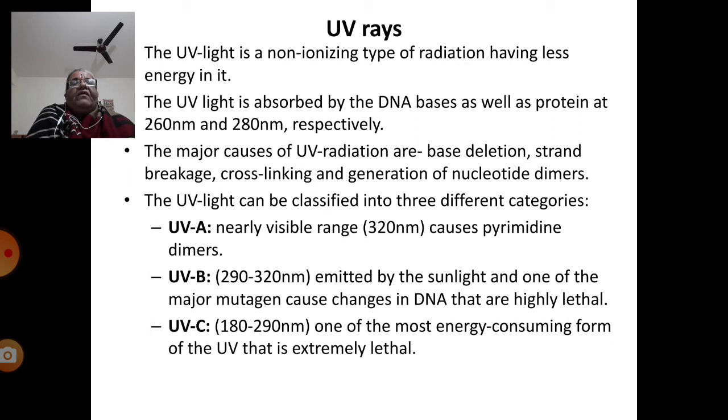Okay. Then UVC, the range is 180 to 290 nm. One of the most energy consuming forms of UV, and it is extremely lethal. So whatever be the category, all the 3 are mutagenic in nature.